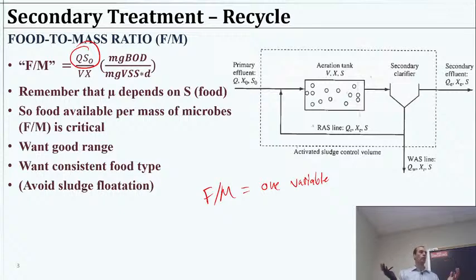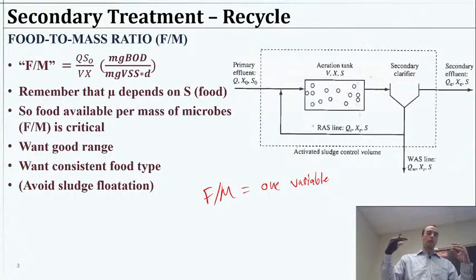So that's the food, the daily food given. And on the bottom, it's the same thing, except we have the volume instead of the flow rate. And so that's just, okay, in that volume times the concentration of microbes, that's the mass of microbes, right? So it's very simply mass per time kind of a thing. So that's milligrams BOD per milligrams VSS per day.